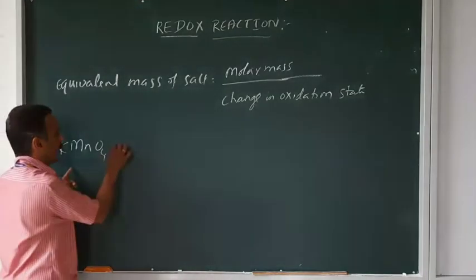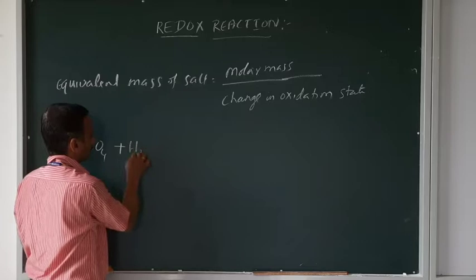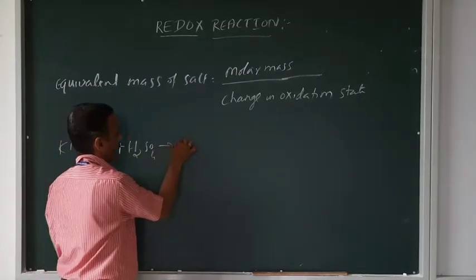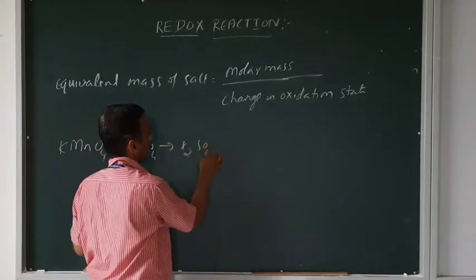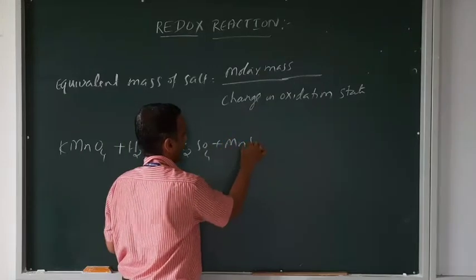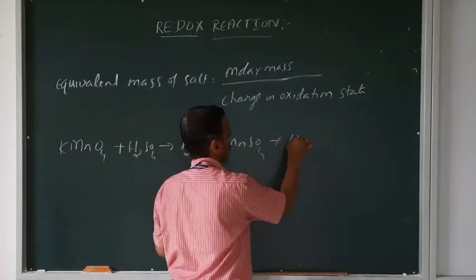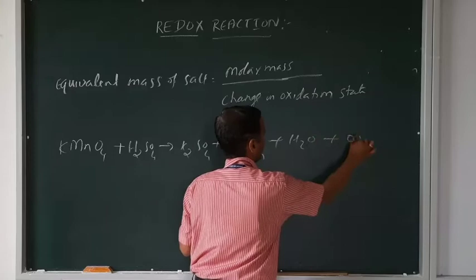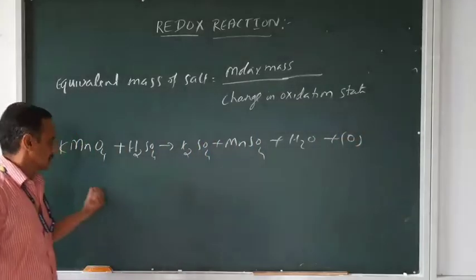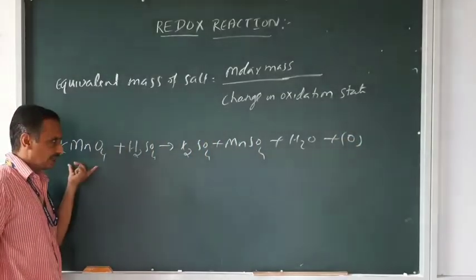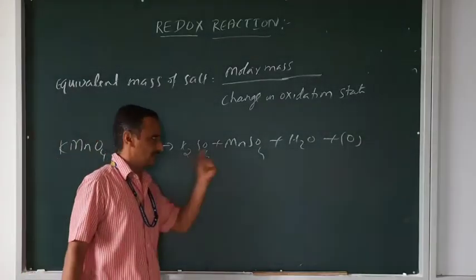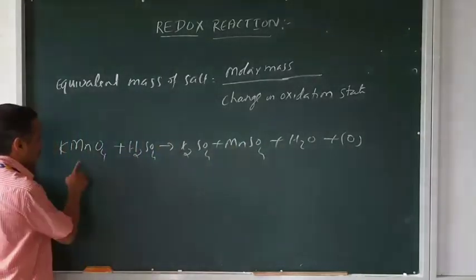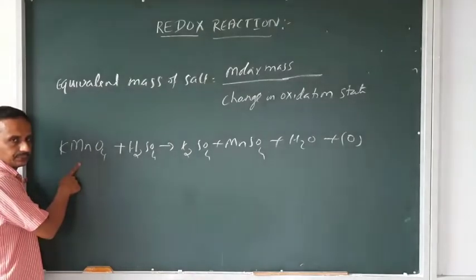When KMnO4 is treated with sulfuric acid, I get K2SO4, MnSO4, water, and nascent oxygen. As this gives nascent oxygen in acid medium, it's a good oxidizing agent also.